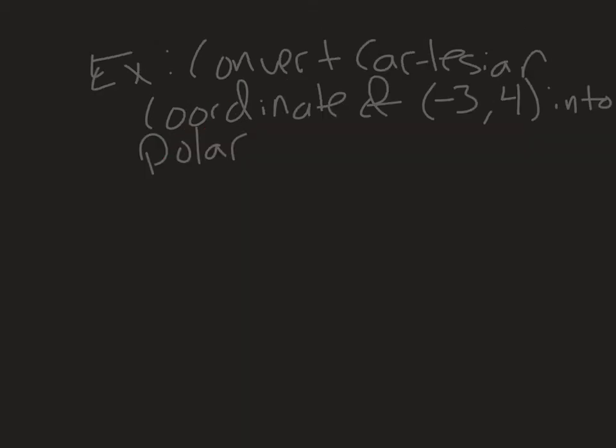Okay, now we're looking at a Cartesian coordinate going back into a polar coordinate. Okay, so on this one, I'll take the more formalized approach. I have an x and a y, and I want to go to an r and a theta.